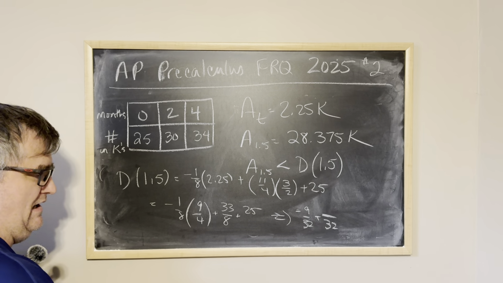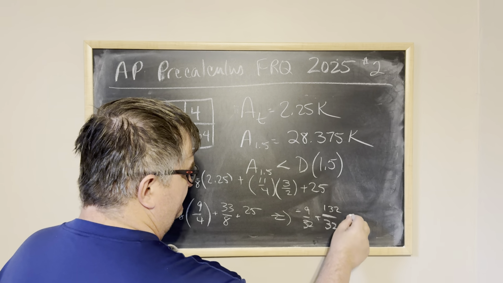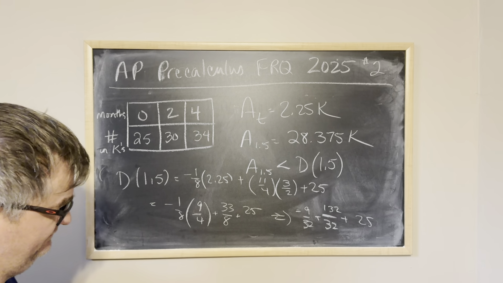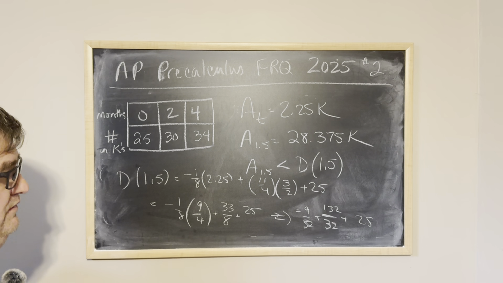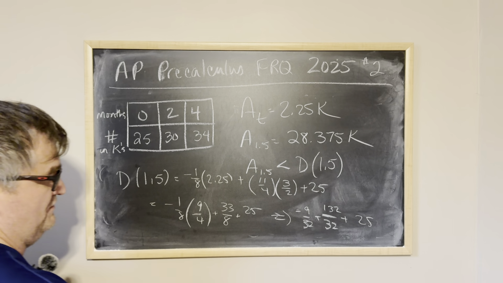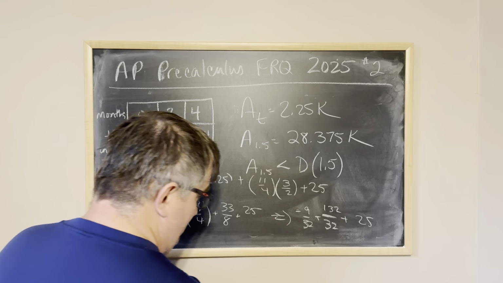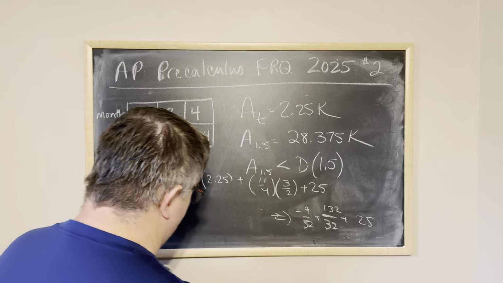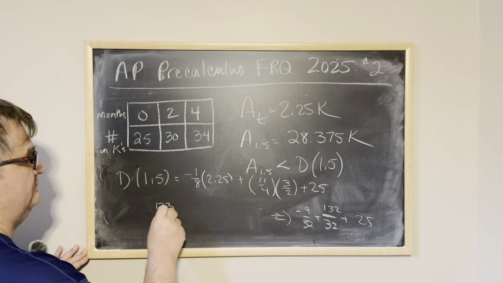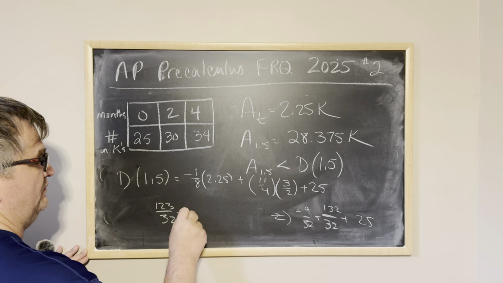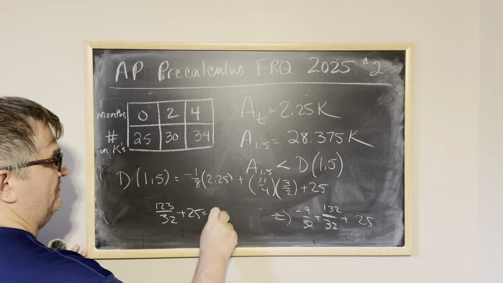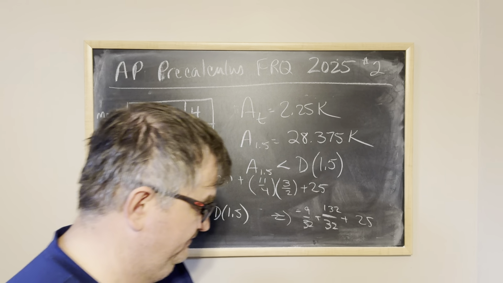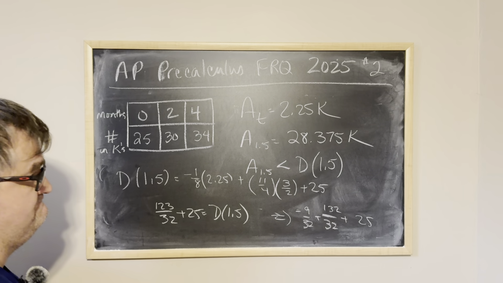So that is 132 plus 25. And so now I know that I have 123/32 plus 25 equals D 1.5. I'll stop right there. Here's why.